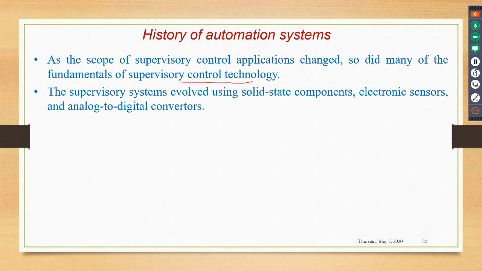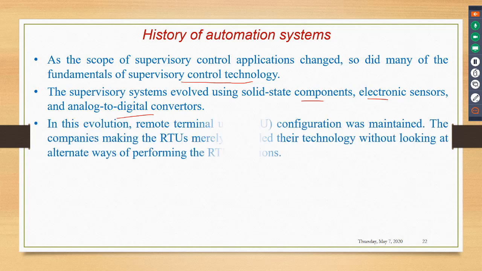The supervisory systems evolved using solid state components, electronic sensors, and analog to digital converters. In this evolution, the remote terminal unit, or RTU, configuration was maintained. The companies making the RTUs merely upgraded their technology without looking at alternate ways of performing the RTU functions.